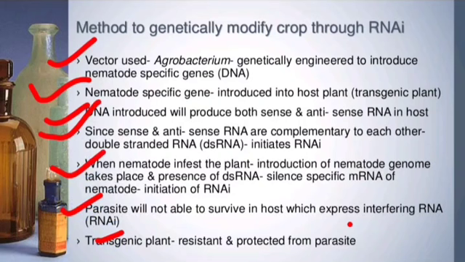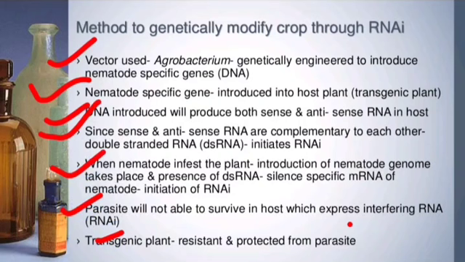Now the transgenic plant is produced, and inside the plant cell, when transcription is going on, both strands of DNA containing the nematode-specific gene produce a sense strand and an antisense strand, which are complementary to each other. That's why they produce dsRNA, double-stranded RNA.